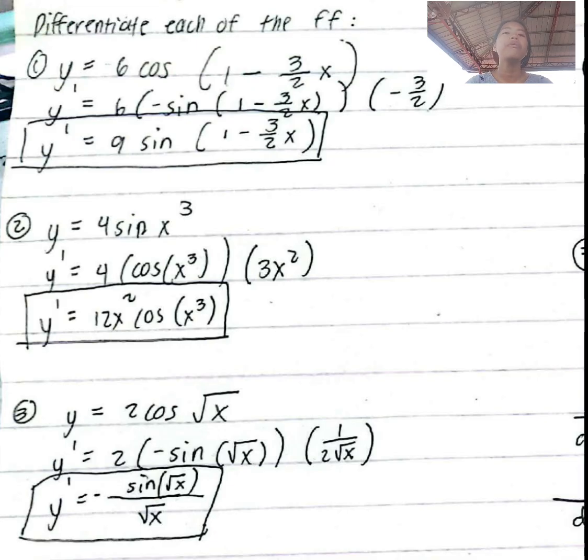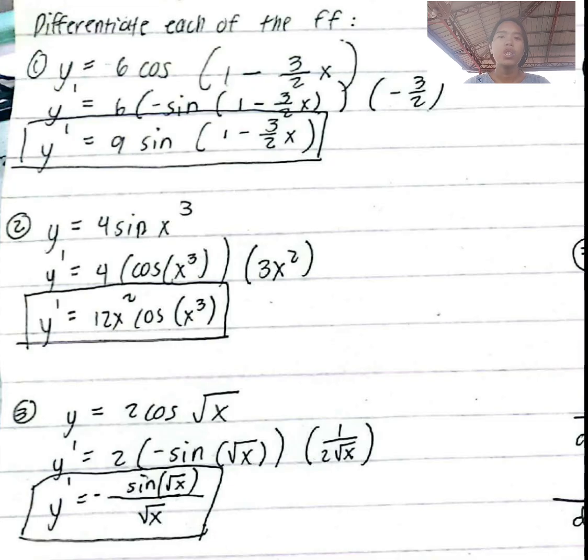Now, we simplify: 6 times 3/2 is equal to 9. So the final derivative becomes y' = 9 sine(1 - 3/2 x). So that is the derivative of the first function.